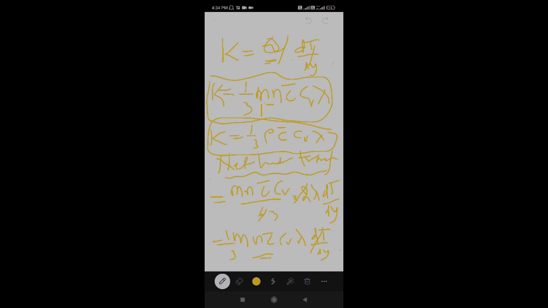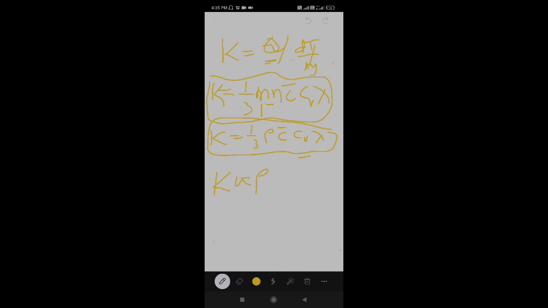All of you know that thermal conductivity depends upon Cv. Here you see on what factors this K, coefficient of thermal conductivity of the gas, is depending. It depends upon density. You see here K is proportional to rho.